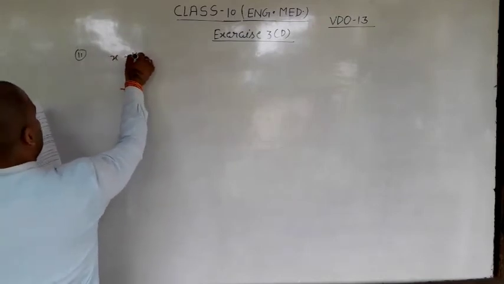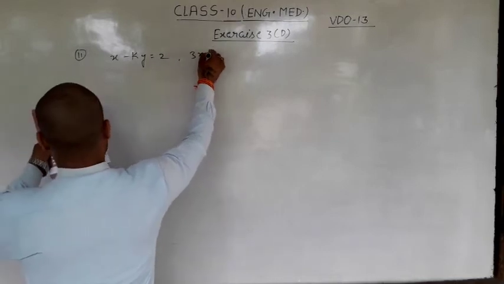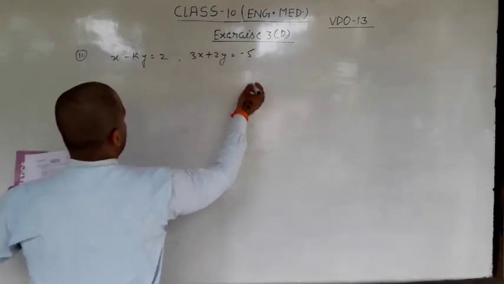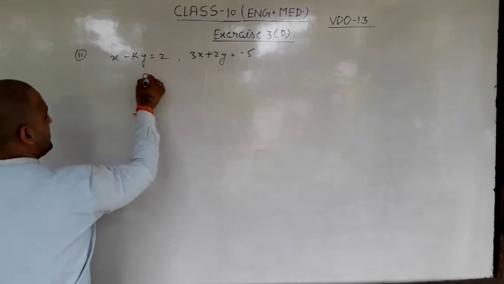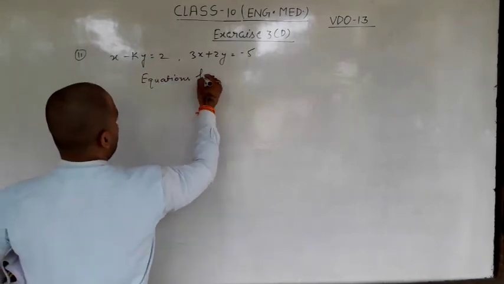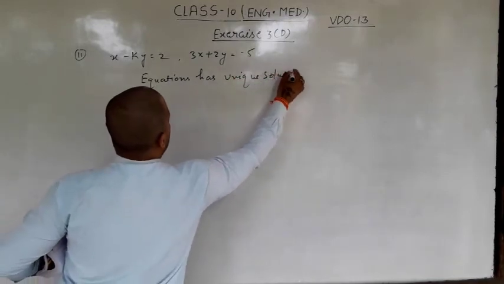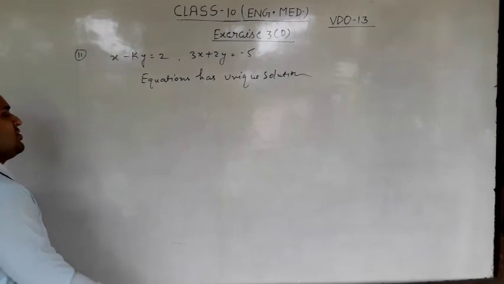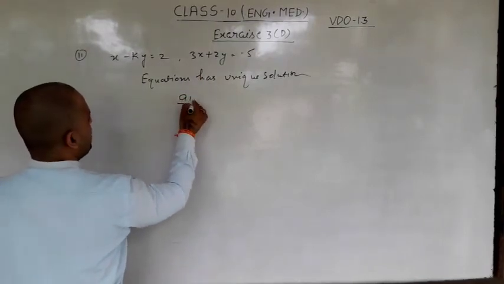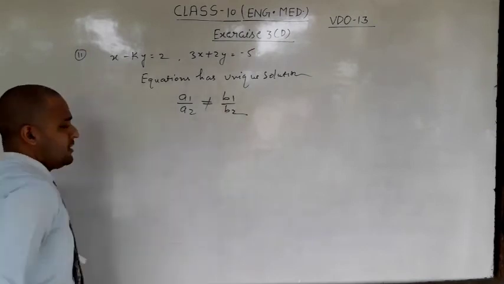The equations are x minus ky is equal to 2 and 3x plus 2y is equal to minus 5, and the equations have a unique solution. Which type of solution? Unique solution. The condition for a unique solution is that a1 upon a2 is not equal to b1 upon b2.